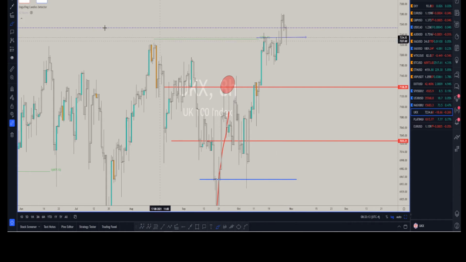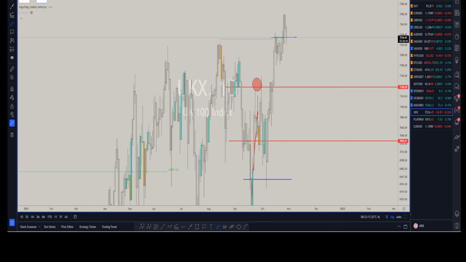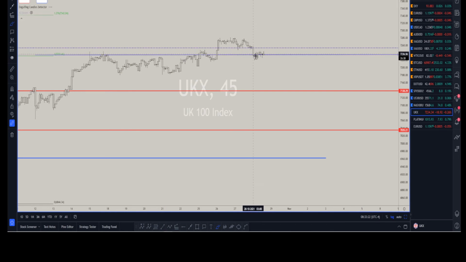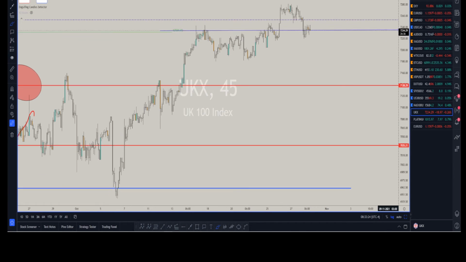We're above these. Would love this to do something like this. Retest of this area, comes back down, I'll take a long, targeting this liquidity pool that's up there. So on the retest of this, if it plays out, I will take a long. If it's going to continue, I don't have a setup for it.